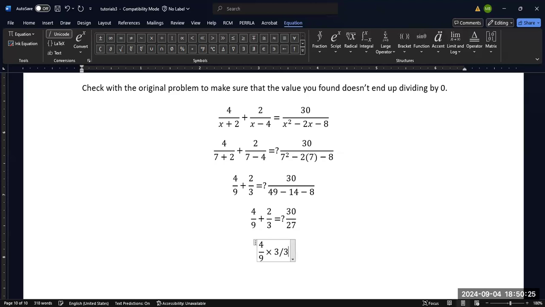So I'm going to multiply by 3 over 3. We could make a common denominator of 9 and then simplify the right side of the equation. But since 9 and 3 both go into 27, I'm just going to make everything 27. So 2 times 3, to get 3 to be 27, I need to multiply by 9.